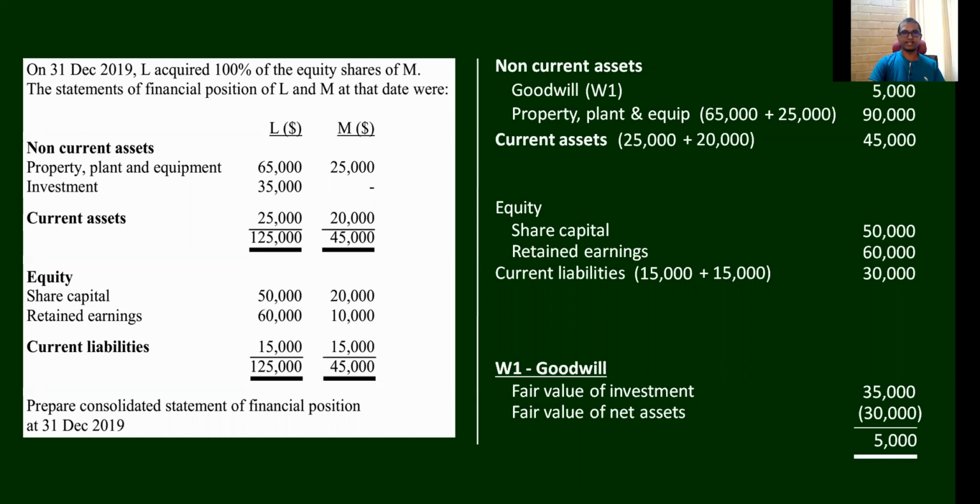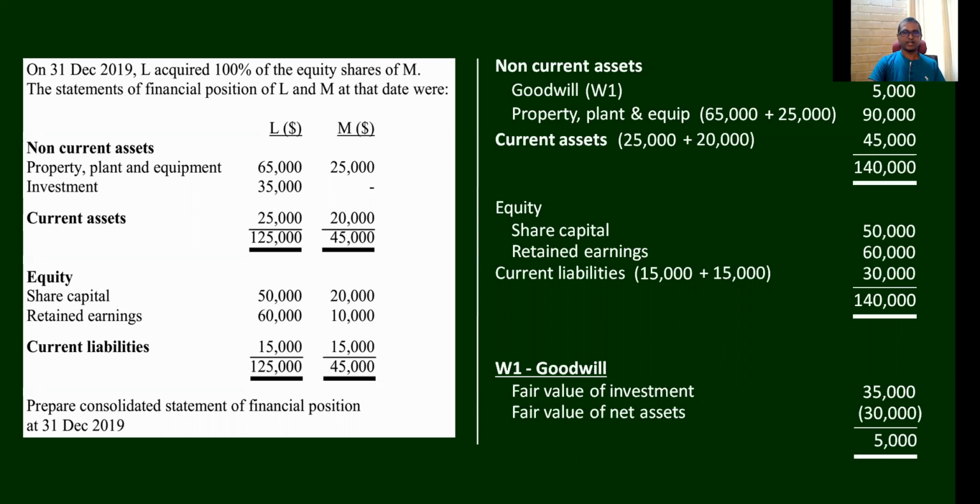You can put it here in the consolidated statement of financial position. Total value of assets and total value of equity plus liabilities. It completes the consolidated statement of financial position with goodwill calculation.